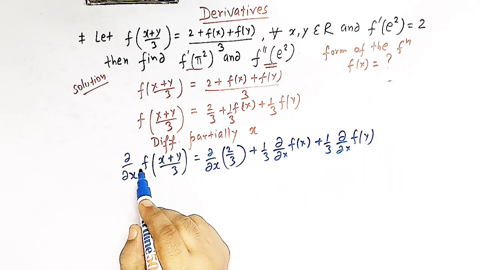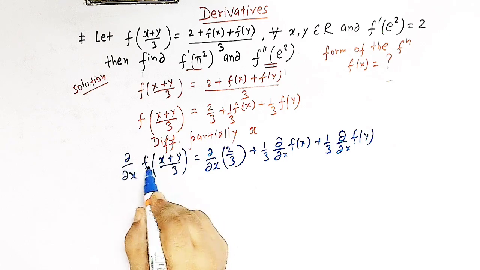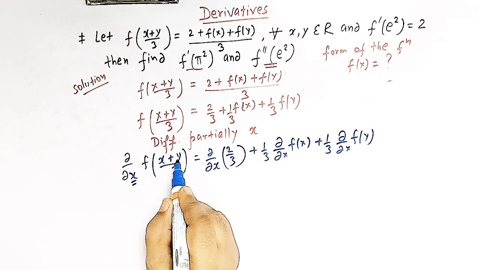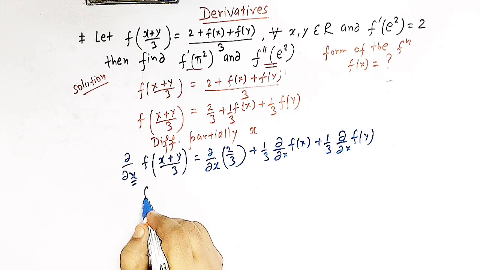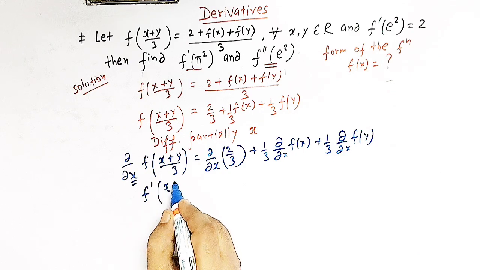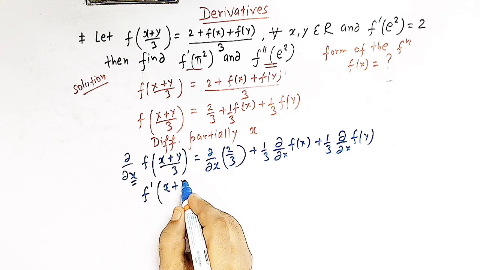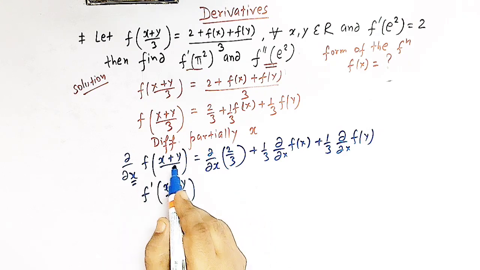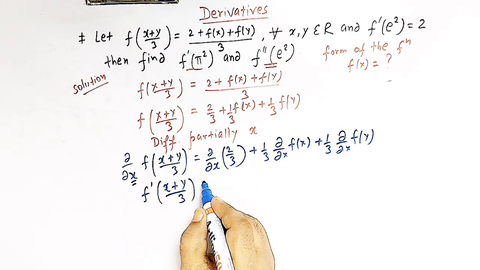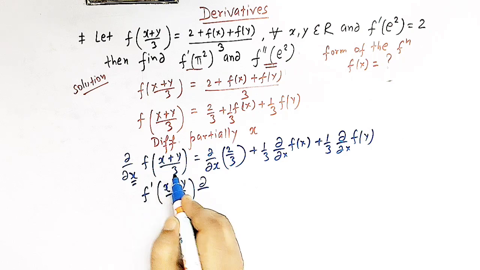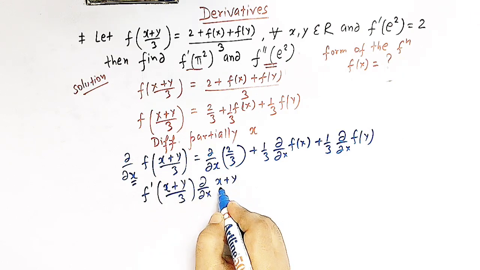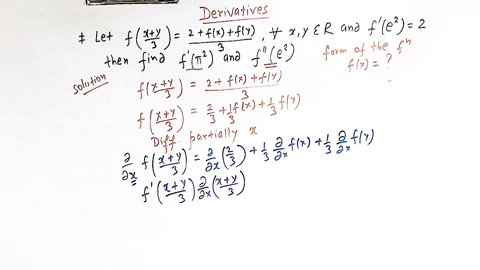Now here we have to find the derivative with respect to x of f of (x plus y) over 3. So first we have f prime of (x plus y) over 3, and then we have to differentiate this expression, that is (x plus y) over 3 with respect to x, by chain rule.